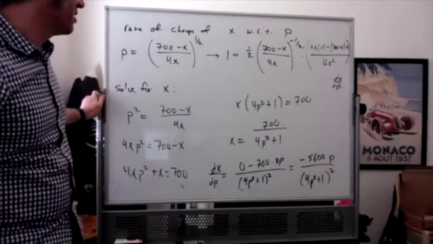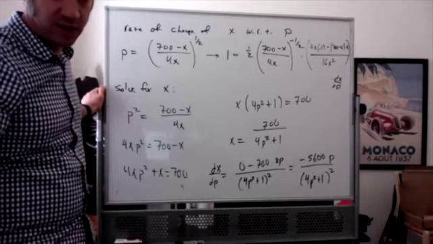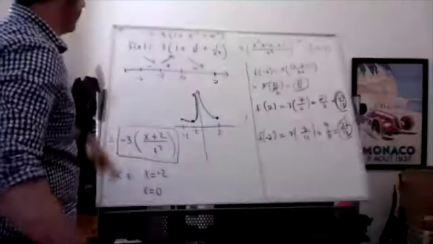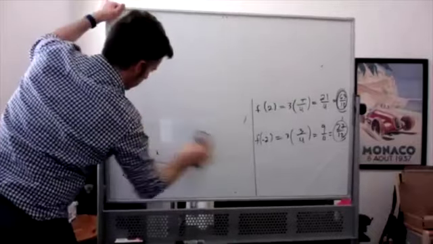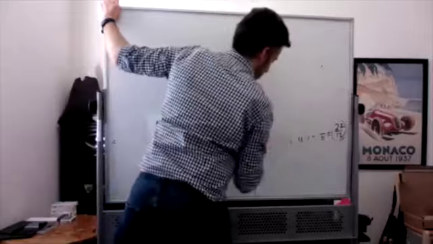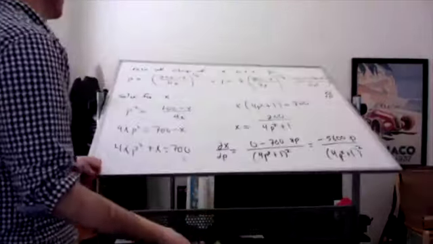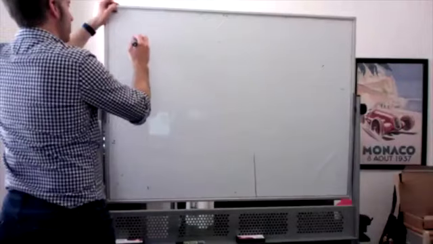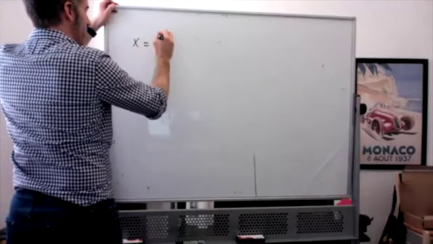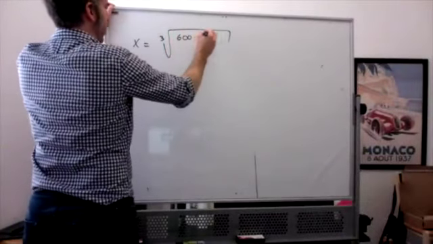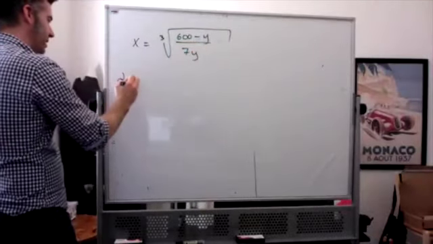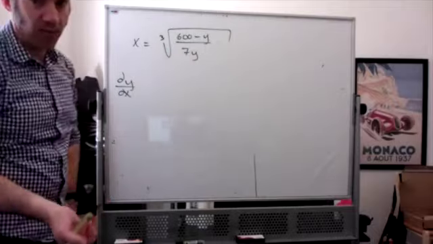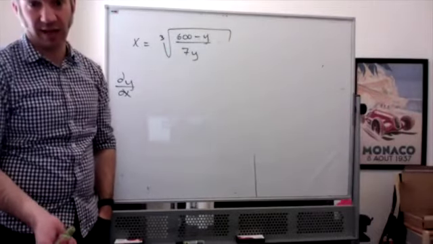So this does lead me to this one, say like, if they're asking you to differentiate something, for example, I'm going to try and write it in variables that might seem a little bit easier. If I said something similar but not exactly the same, like if I said x is equal to the cube root of, I don't know, (600 minus y) over 7y, and I said find dy dx, it's probably going to be to our benefit to solve for y if we can.